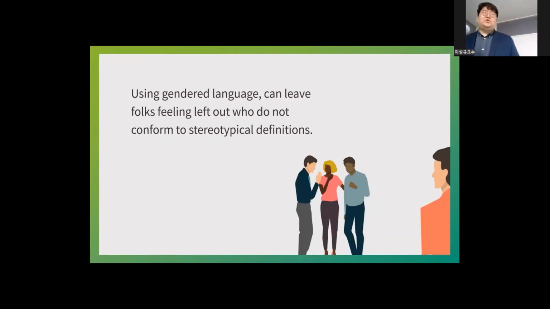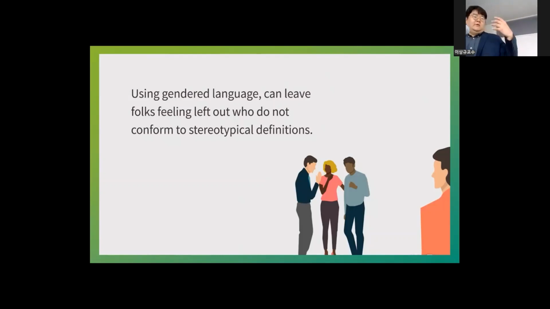So using gendered language, even unconsciously, can leave folks feeling left out, 소외당하다, left out, if they do not conform to the stereotypical definition or whose expression we perceive does not match stereotypical expectation. And it can create real harm for these folks, right?